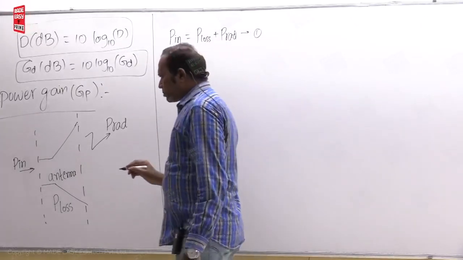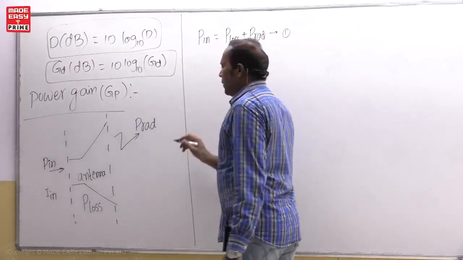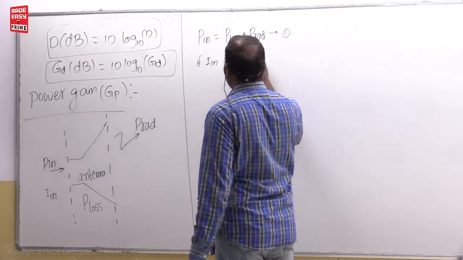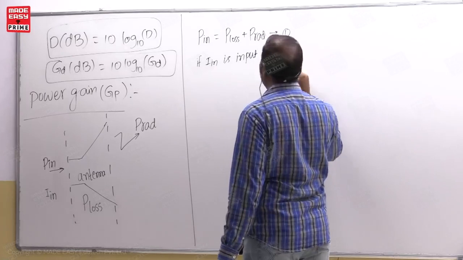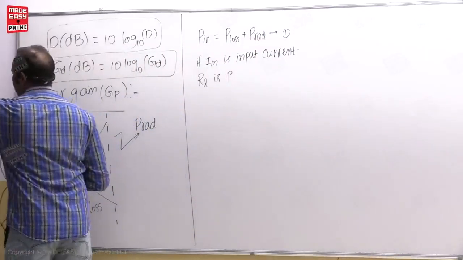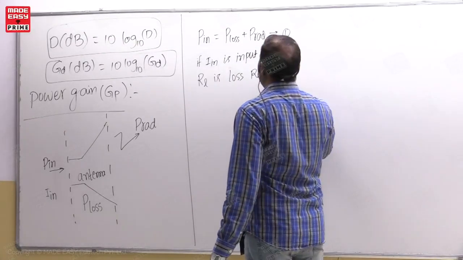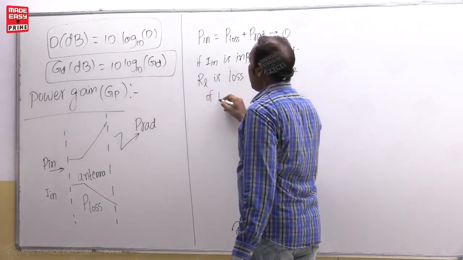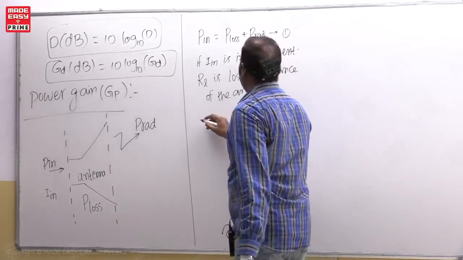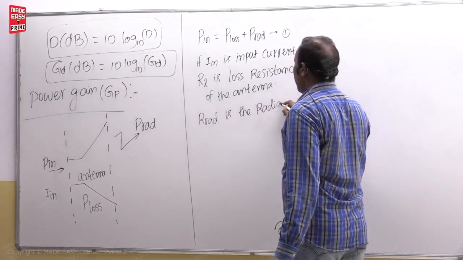For example, if In is the input current to the antenna, then RL is the loss resistance of the antenna, and R radiation is the radiation resistance of the antenna.